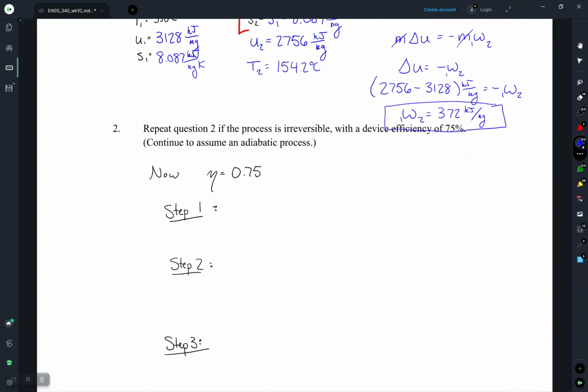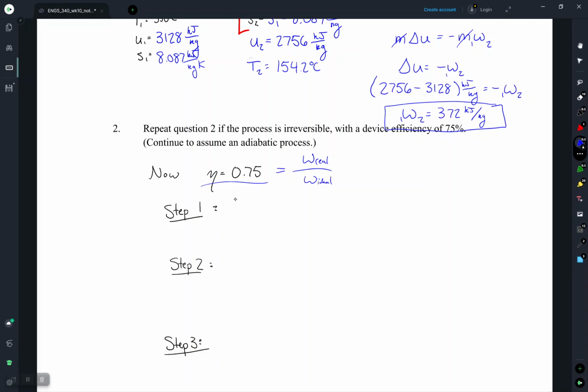We can continue and do another thing that we've done before, which is solve something with a device efficiency or an expansion efficiency of 75%. We'll continue to assume this is adiabatic. So now the efficiency is 75%. This is still equal to W real over W ideal. Same as what it would be for, say, a turbine, a work generating process in a control volume problem.